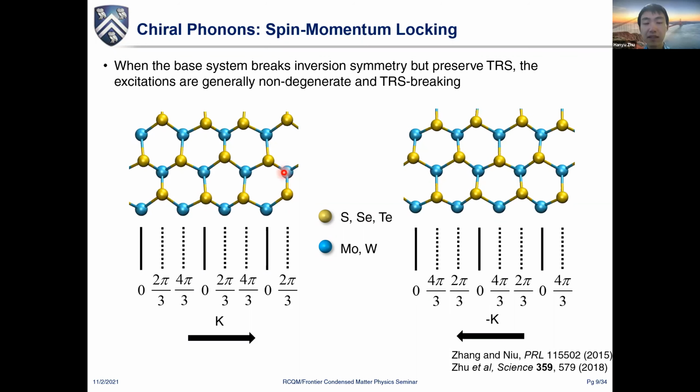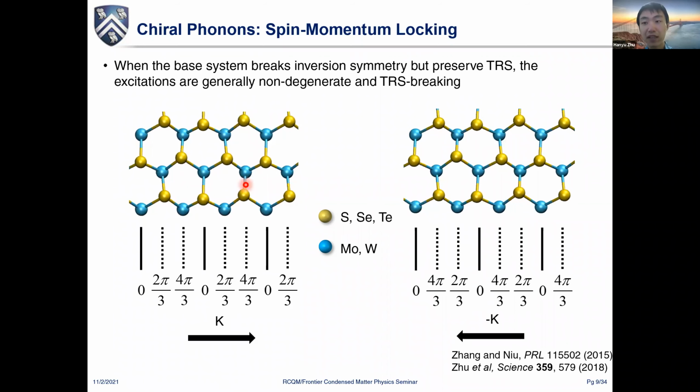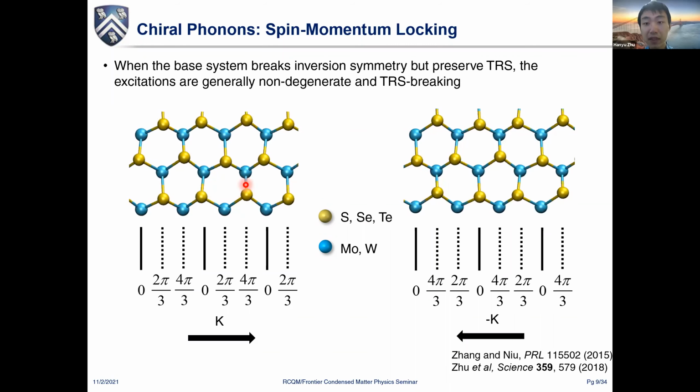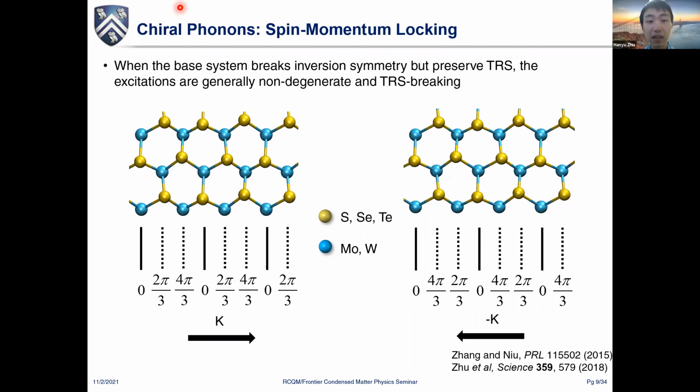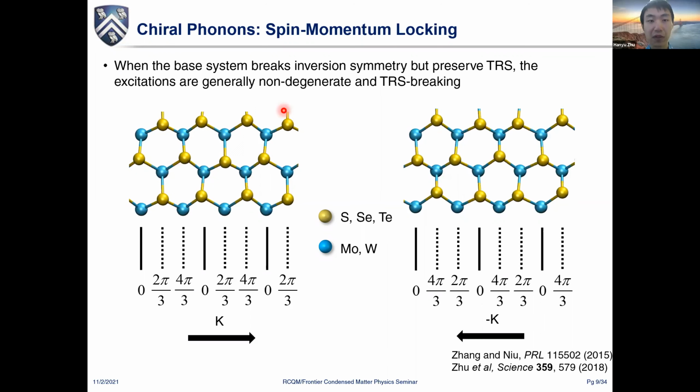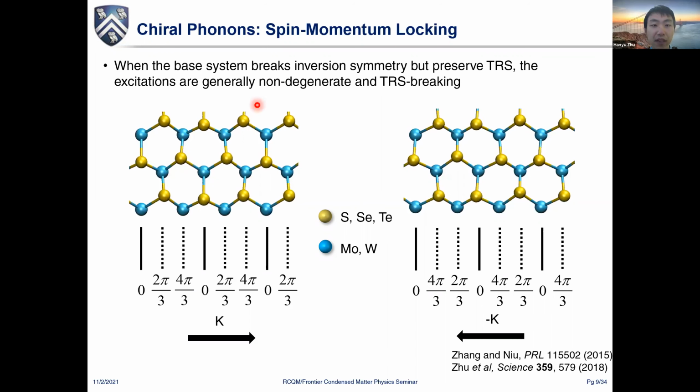But let's use a very special case to see that actually the rotation or the displacement of the atom itself matters for all these properties. But I would still say that even if this is a special case, the chiral phonon is very, very general in any asymmetric material.